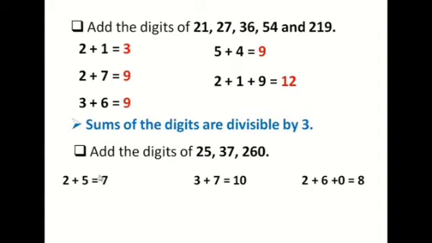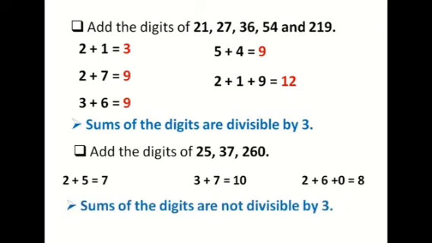So here the sums 7, 10 and 8, are they divisible by 3? No, they are not divisible by 3. So the sums of the digits are not divisible by 3. So we can conclude that only if the sum of the digits is divisible by 3, then that number also will be divisible by 3.